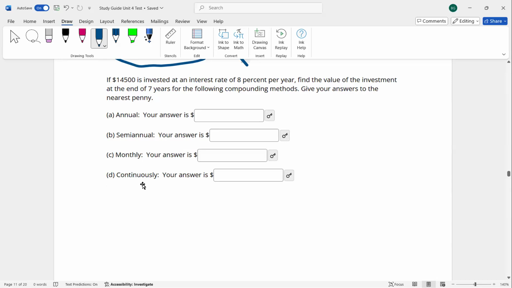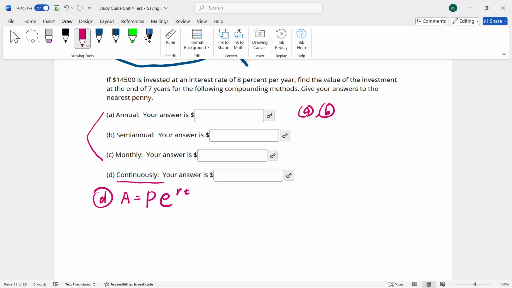It does mention continuous. Continuous has a different formula. We use the formula from the previous problem. For continuous, the formula is A equals P times e to the power rt. The meaning of the variables I have already explained. That's part D. Part A, the interest compounded annually. For part A to part C, I'm going to put them together.